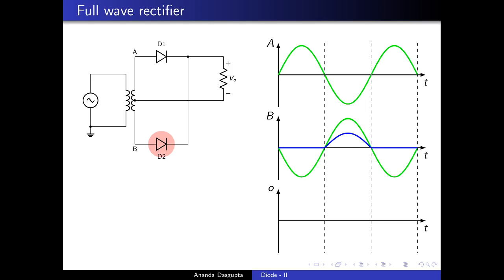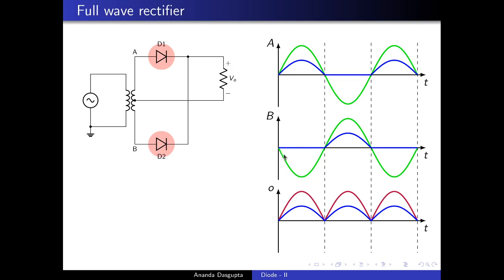Now what happens to the net current through the resistance? Notice the current through D2 is in this direction, so it's into this node. Current through D1 is also into this node. So both these currents being into the node, the current through the resistance, which is the current flowing out of the node, has to be equal to the sum of the two. So current through D1 looks like this blue curve, current through D2 looks like this blue curve.